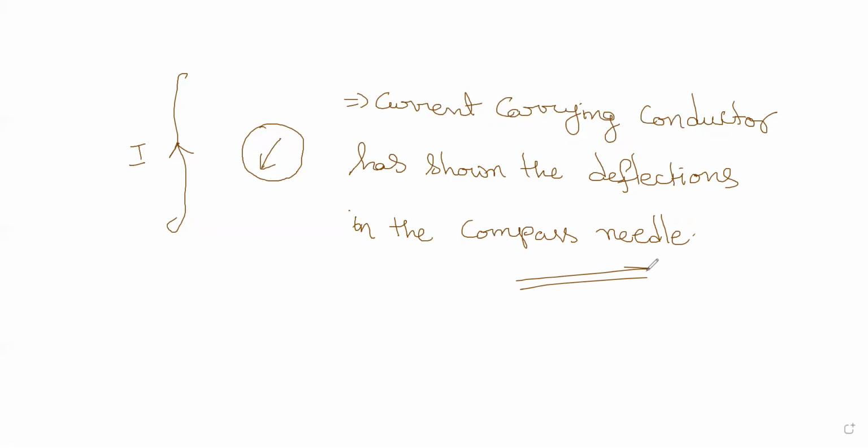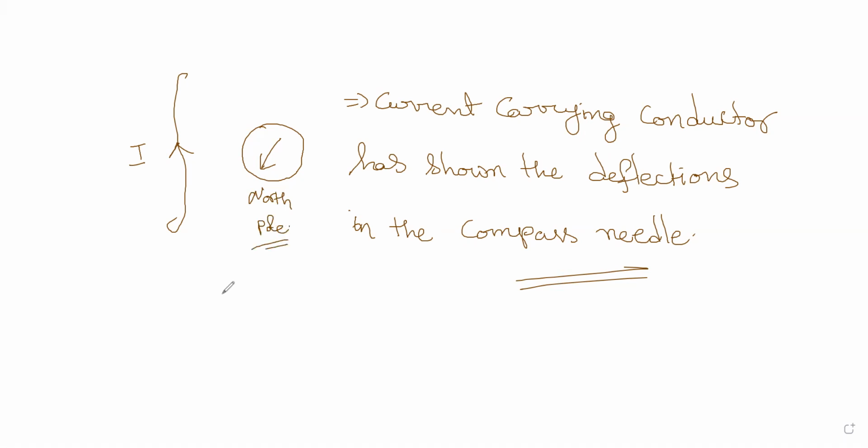Now see, if the direction of current is upwards, the needle deflection is downwards. The arrow mark whatever I have shown is the north pole of the needle.